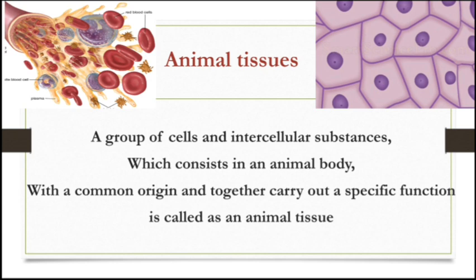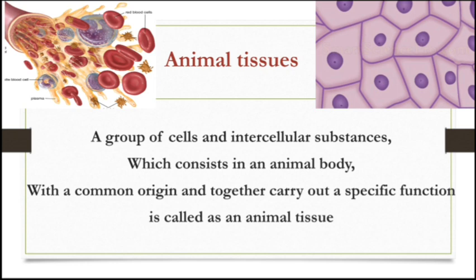So, like that, every tissue has a common specific function. So, the definition of an animal tissue is a group of cells and intercellular substances which exist in an animal body with a common origin and together carry out a specific function.